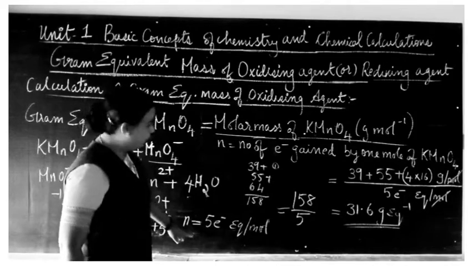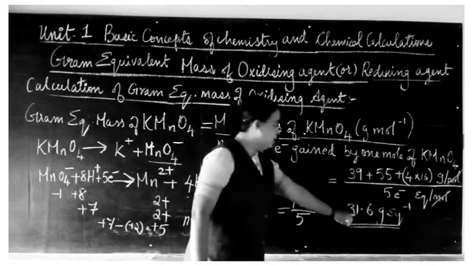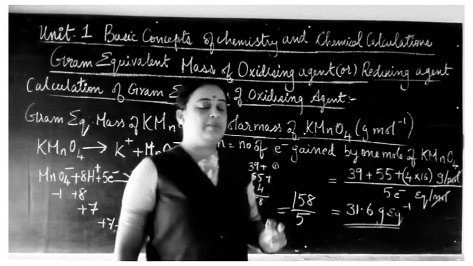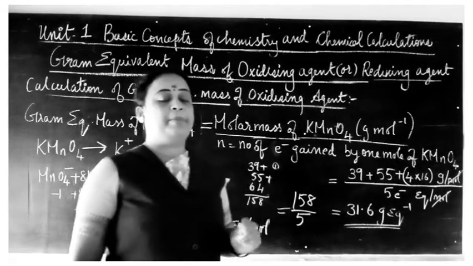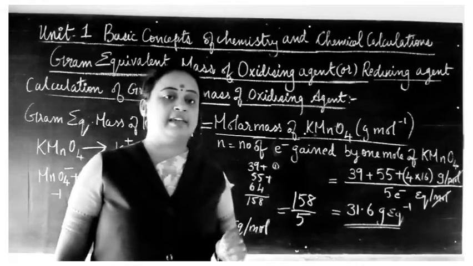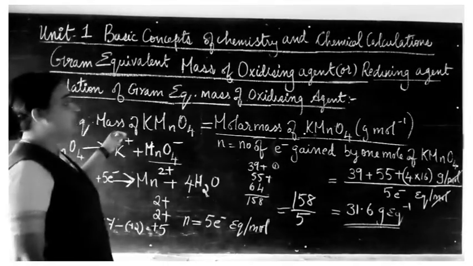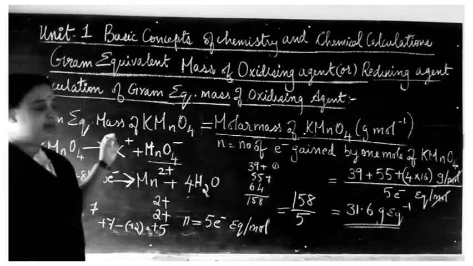What is N here? 5 electrons. So 158 divided by 5 is equal to 31.6. So 31.6 gram equivalent inverse is the gram equivalent mass of potassium permanganate, which is an oxidizing agent. Similarly, you can calculate the equivalent mass of a reducing agent also. It's very simple.